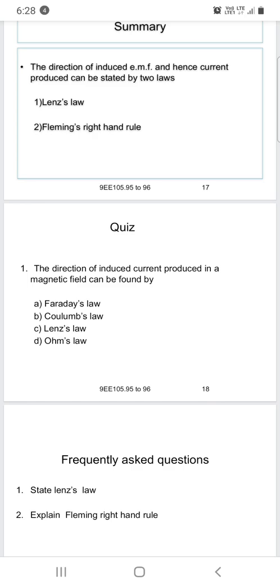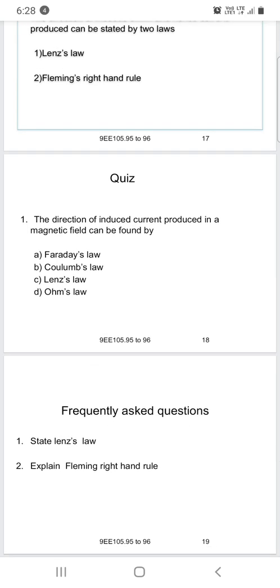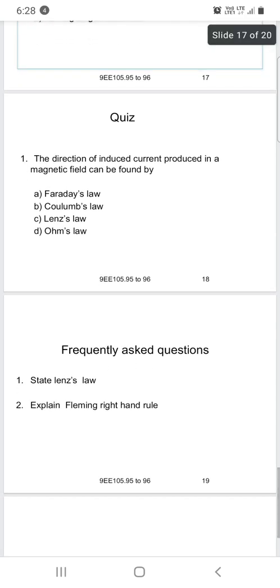Some quiz questions are given here, which will be very useful to you. The first question is about the direction of induced current.